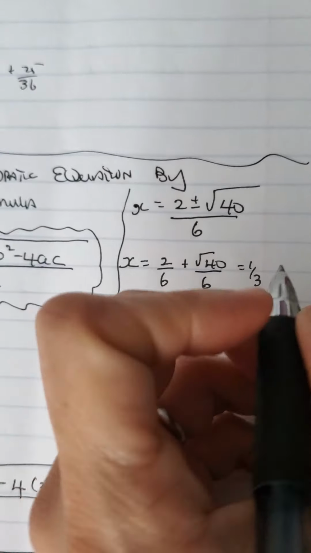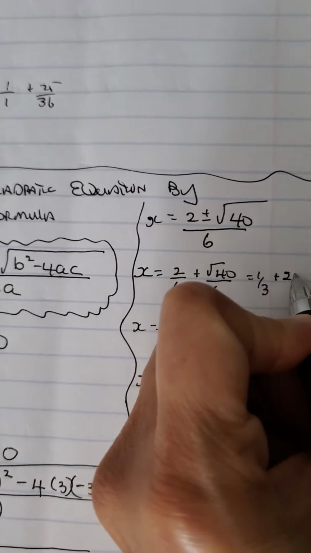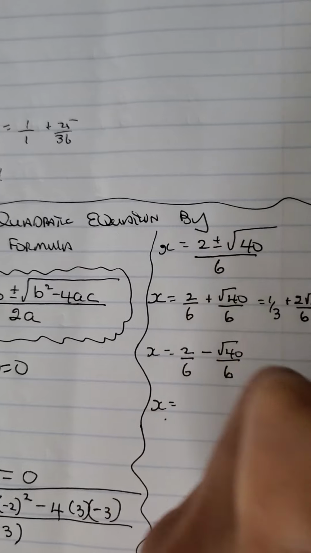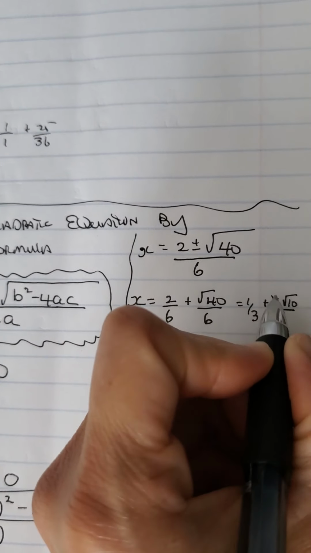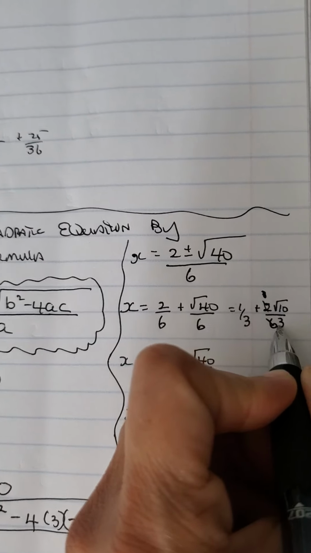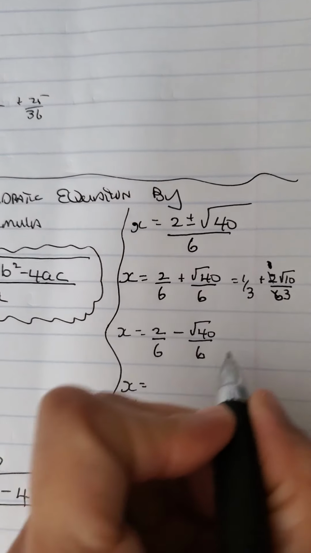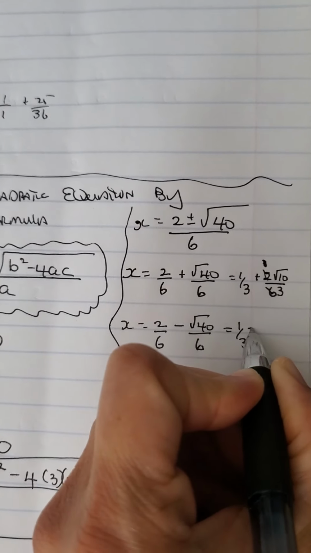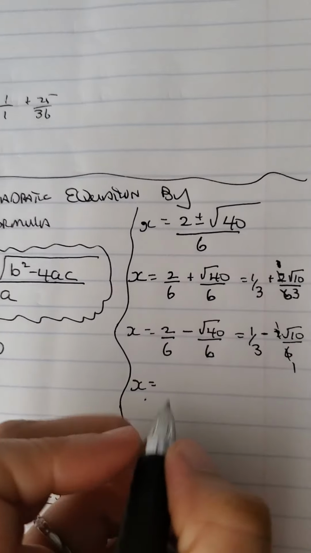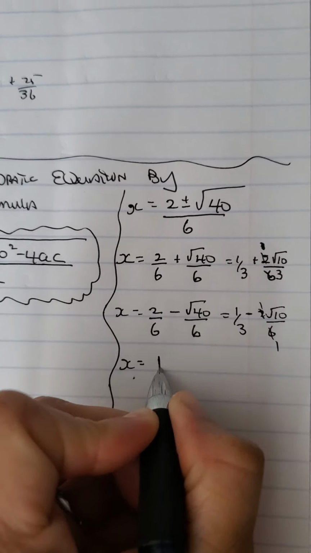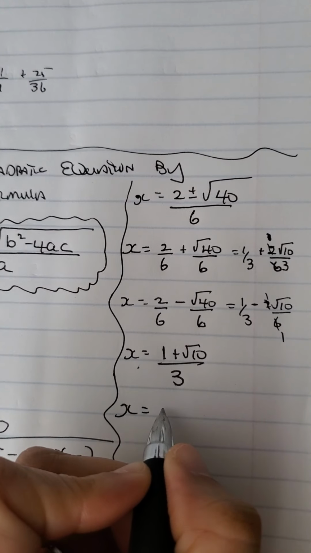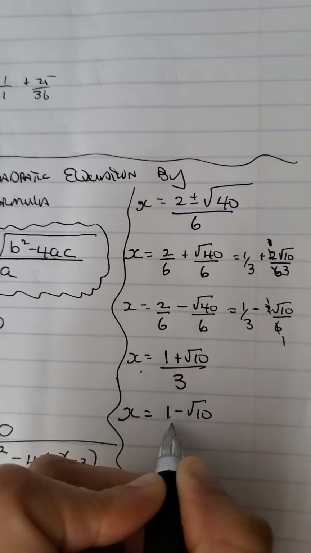So it's plus 2 root 10 over 6, which is going to reduce by 2. And we have 1/3 minus 2 root 10 over 6, which is going to reduce. So here we go. We have our first value of x is 1 plus root 10 over 3. And our next value is 1 minus root 10 over 3.